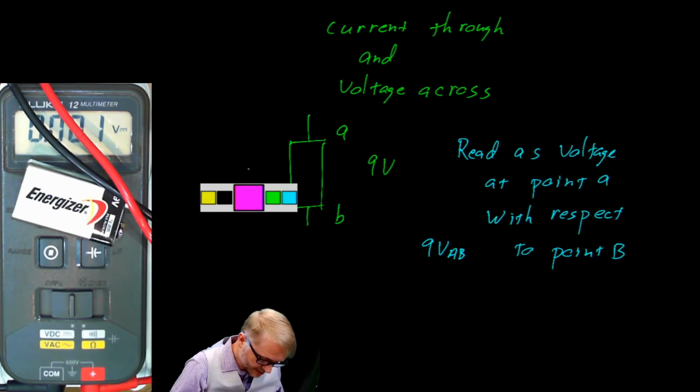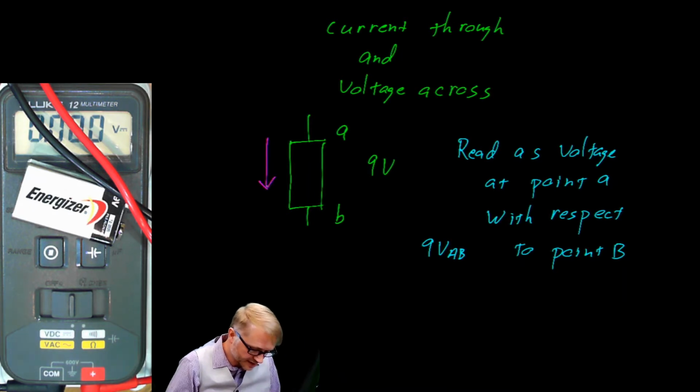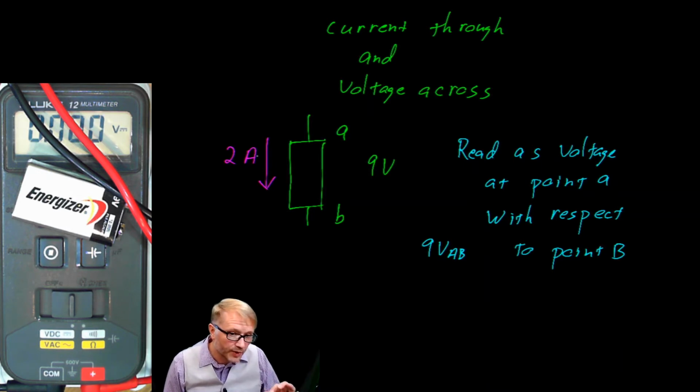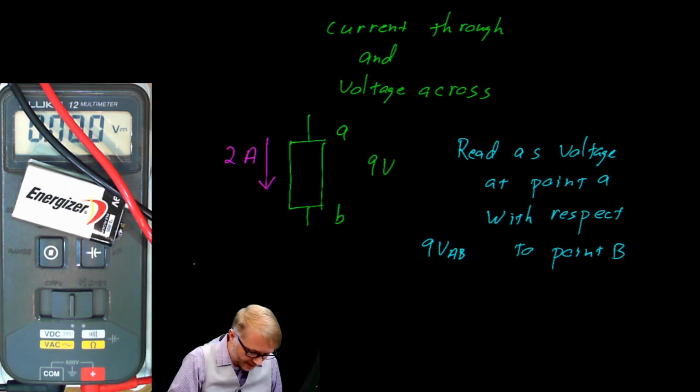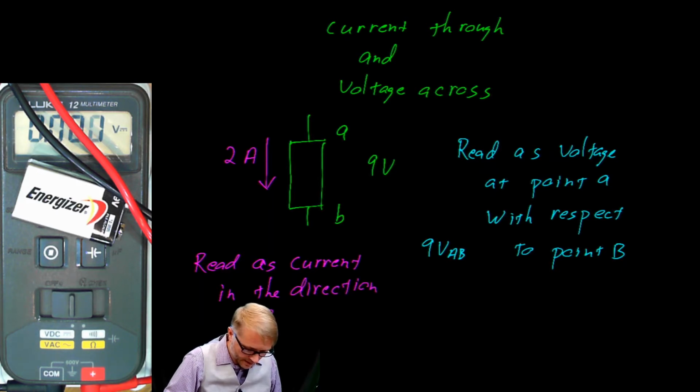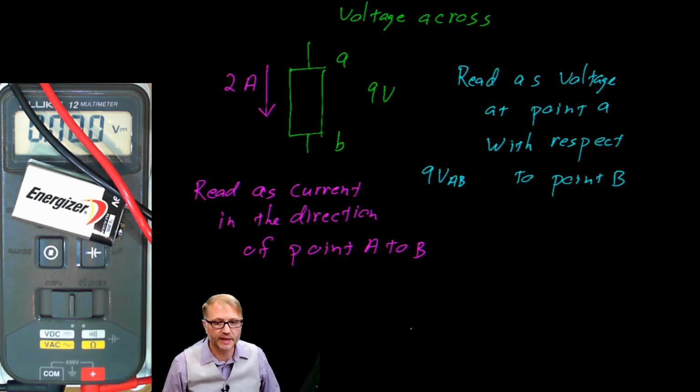Current is also involved here. So we might have a current here. We'll call it 2 amps. And what we would say is that we read this as current in the direction of point A to B. Sorry, my big head's in the way.